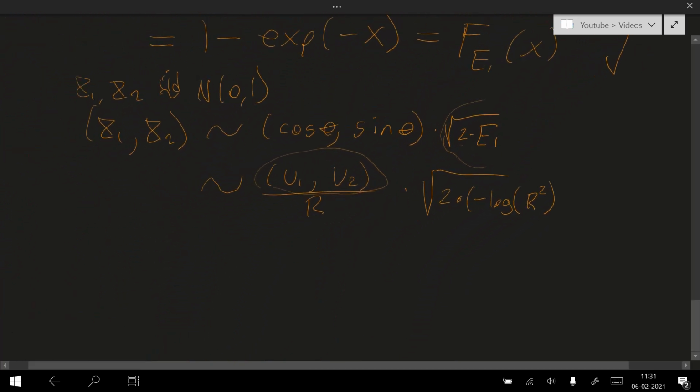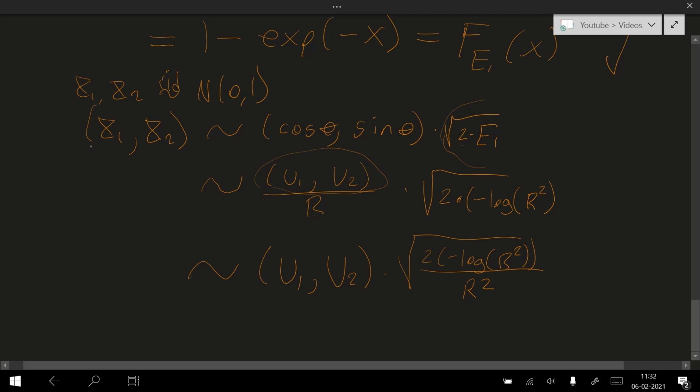And now you can probably see where our algorithm comes from, because we can just put this r inside this over here. So this is u1, u2, multiplied by some factor over here, 2 times minus the logarithm of r squared divided by r squared.